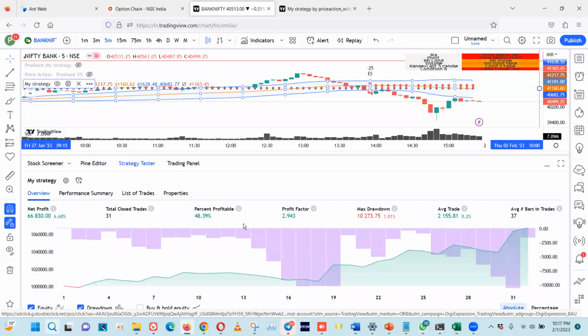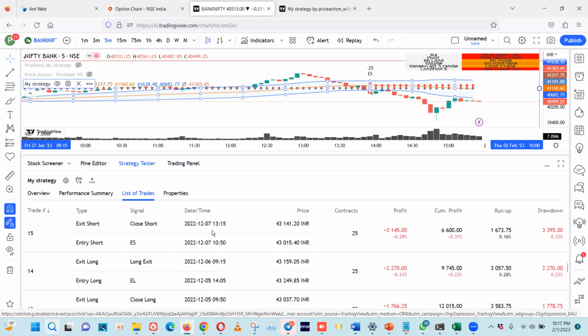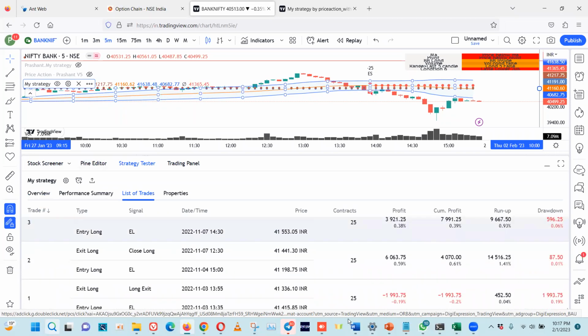So this is also, we can see on 5 minutes, there are 31 trades, 48% success rate, 2.943 is the profit factor. If you don't have the paid version, then on smaller time frames, it will be difficult to test for longer duration.